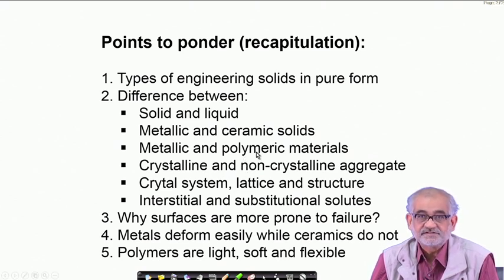It is because of this reason that we can divide all possible pure solids into 3 forms: metals, ceramics, and polymers. We should now be able to understand the differences between crystalline solids, which enjoy 3-dimensional periodicity, and non-crystalline aggregates, which lack such 3-dimensional periodicity.